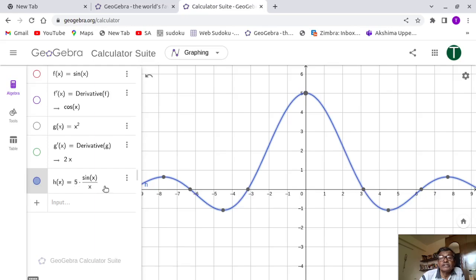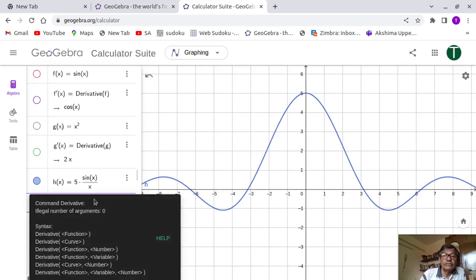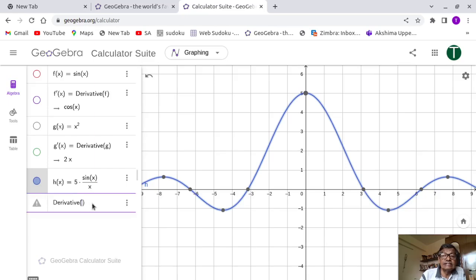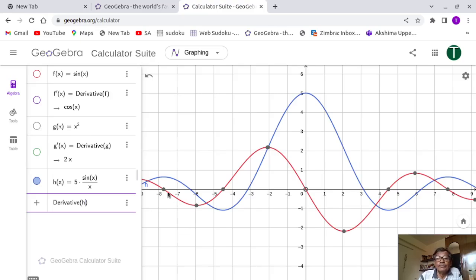So here is the function h of x, the function which I just some time before discussed and plotted, and this one I will write derivative of the function. What is the function? This is h of x. Yes, so write the name of the function, and the derivative of the function is obtained.